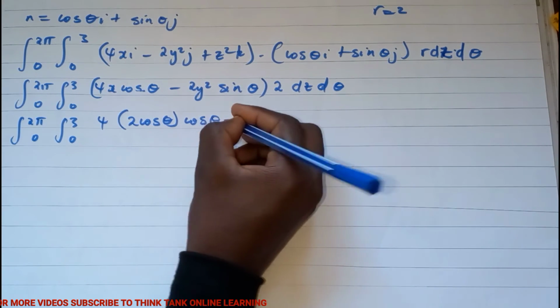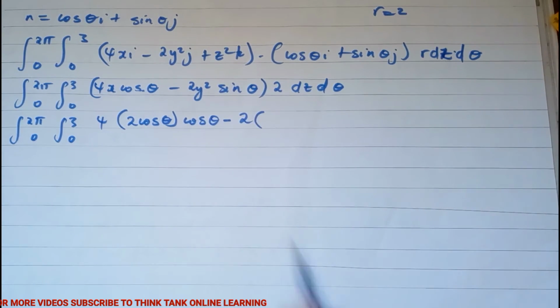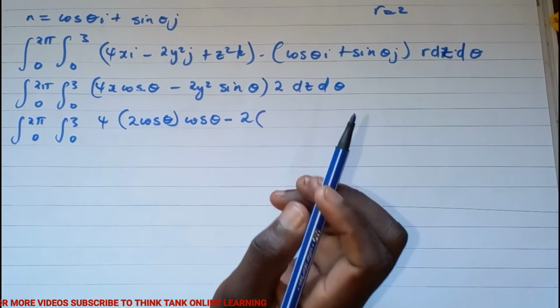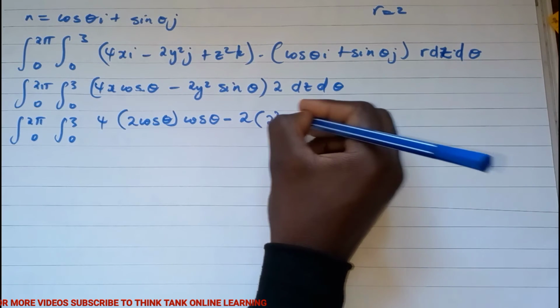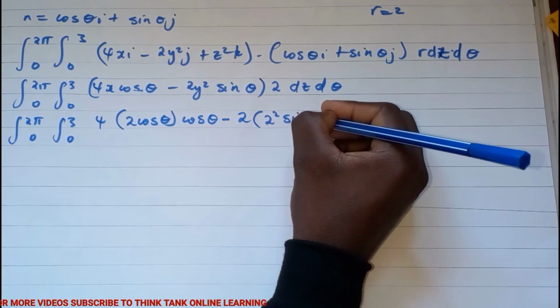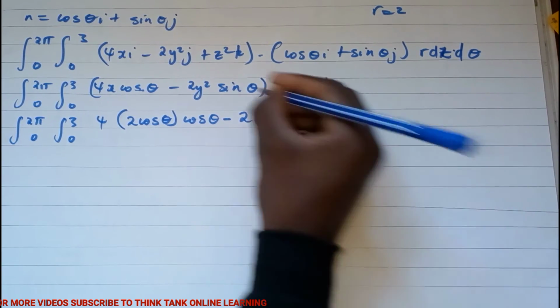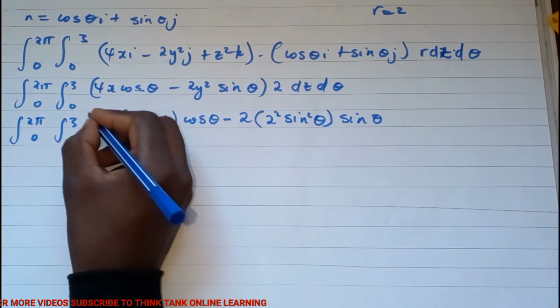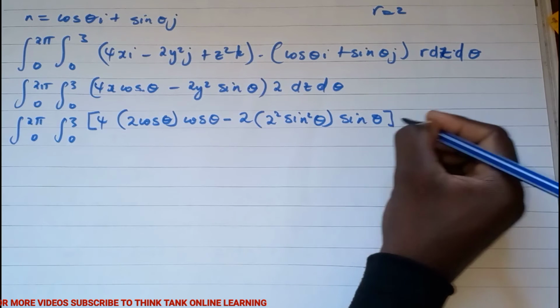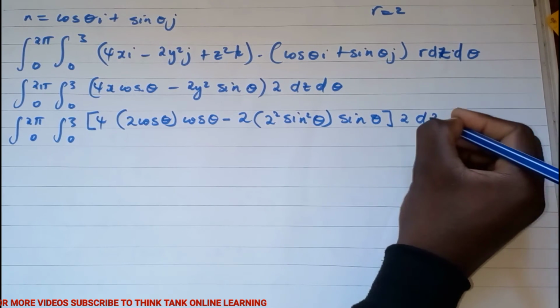Minus 2, and we know y equals r sine theta, so 2 squared sine theta squared times this sine theta. But we have this 2.